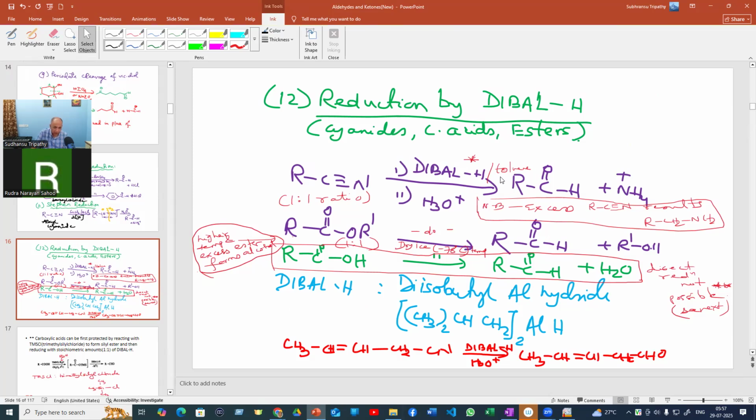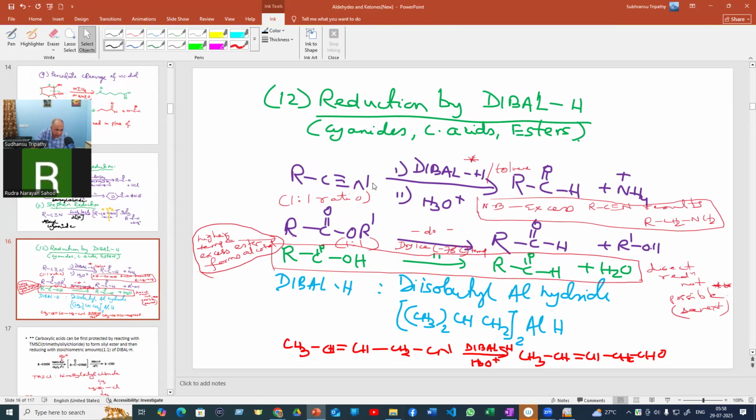Then followed by acidic hydrolysis. These two steps will convert this carbon to an aldehyde, and the nitrogen is converted to ammonium ion. This bond breaks. I have not shown the mechanism. It is definitely via the imine. But you have to take a 1:1 ratio between the alkane nitrile and DIBAL hydride.